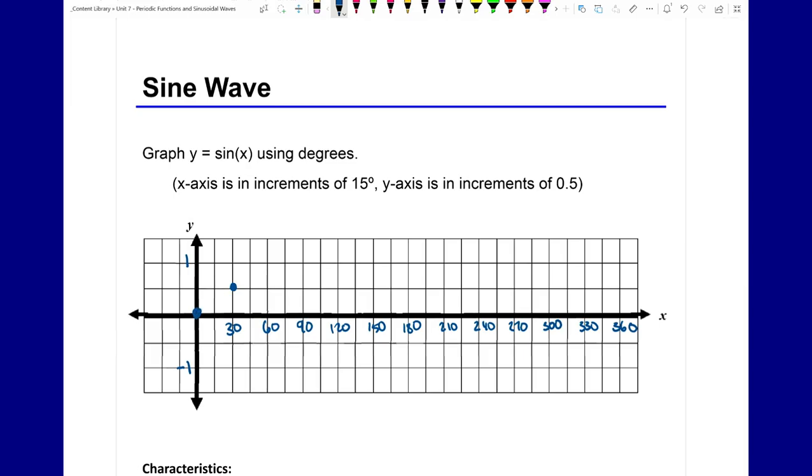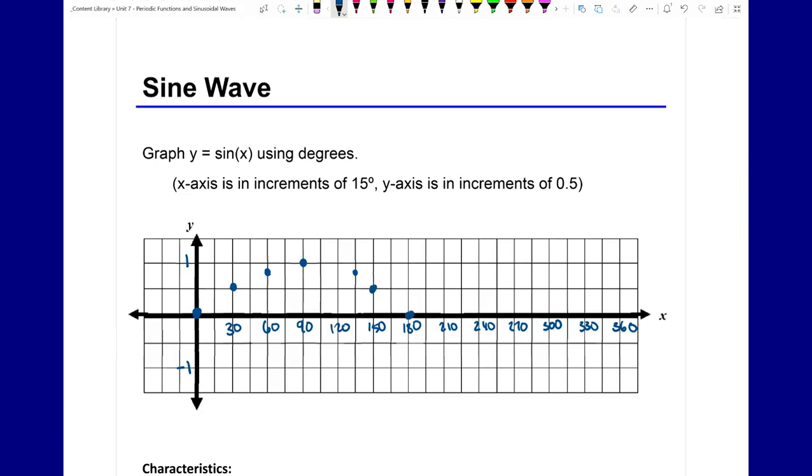So 0, a half, sine of 60, we get 0.87, so that might be somewhere right around there, or maybe a little bit lower. Sine of 90, we get 1. Sine of 120, we get 0.87 again. Sine of 150, we're going to get a half.